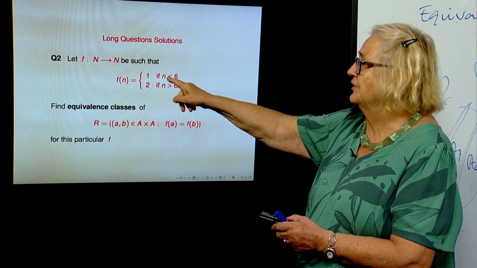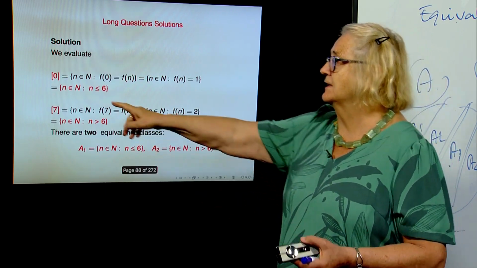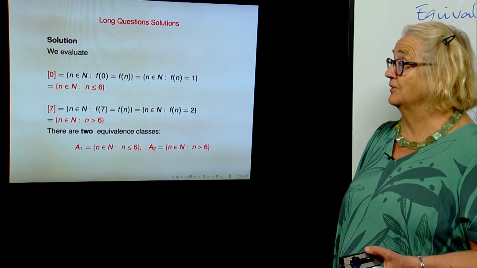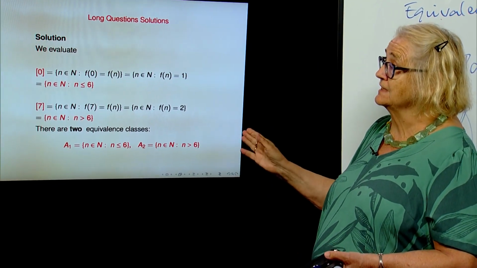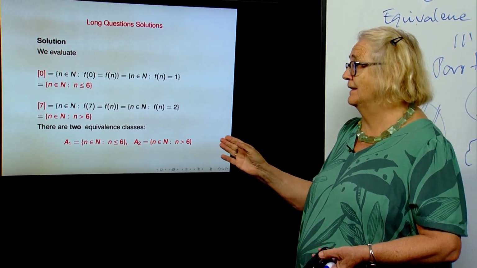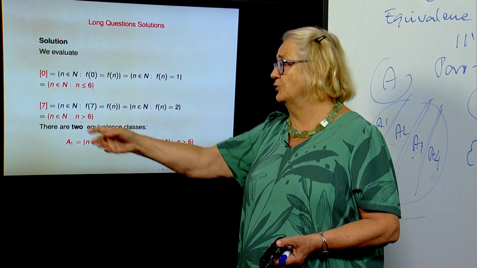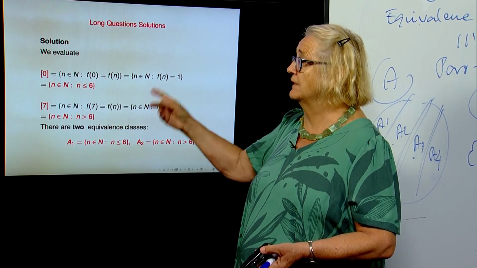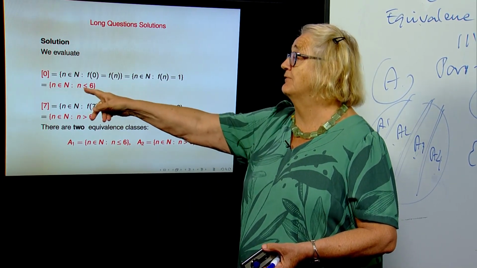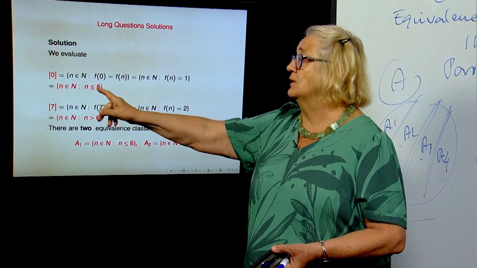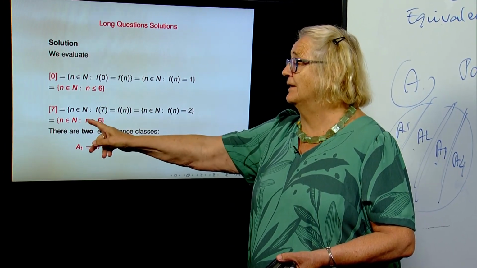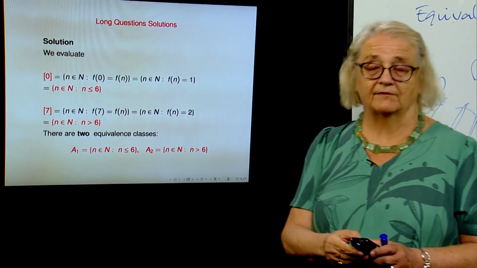So 0 is here. So that would be the set of n such that n is less than or equal to 6. And also would be the same, and f of 7, for example, would be greater. So you have only 2 equivalence classes, because for any number less than or equal to 6 would be here, and greater than 6 would be this equivalence class.